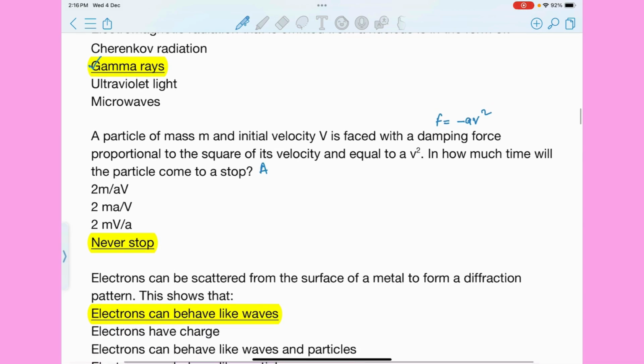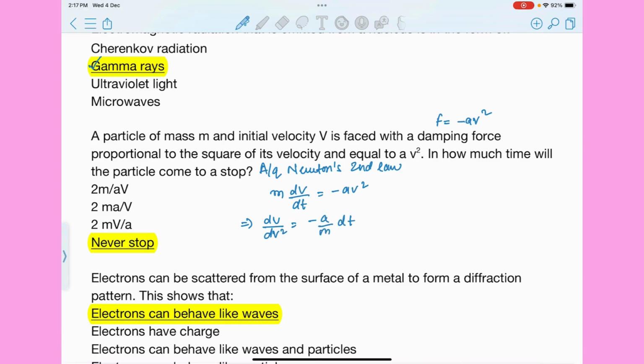According to Newton's second law, the mass into dv by dt will be equal to minus a v square. This can be written as dv upon v square equal to minus a upon m dt.